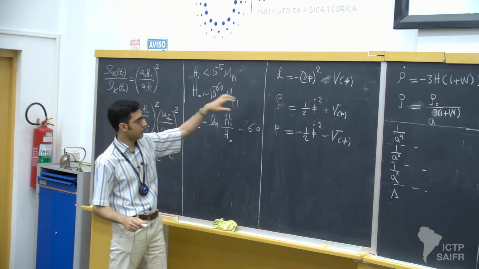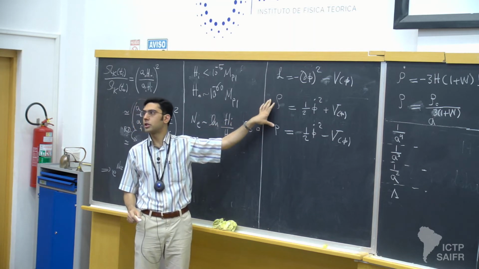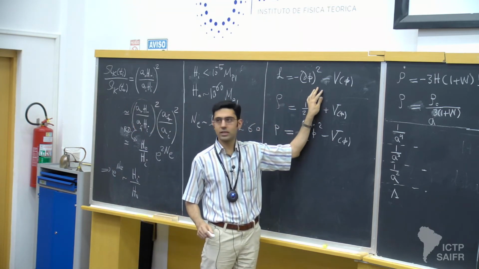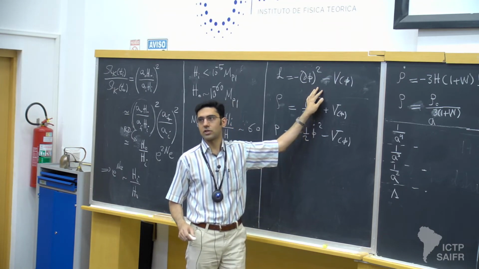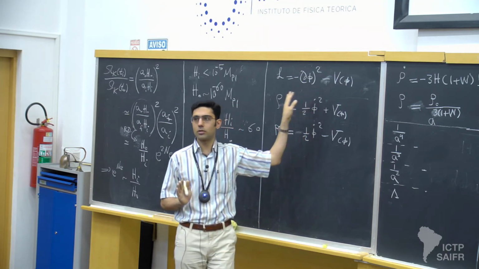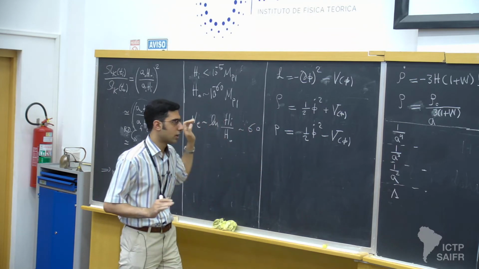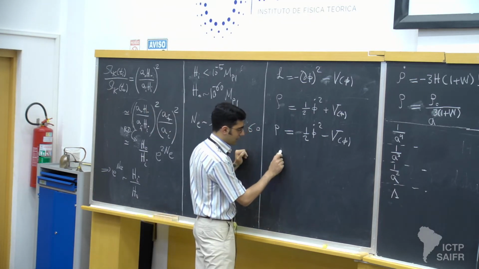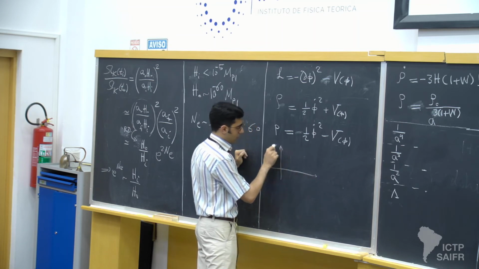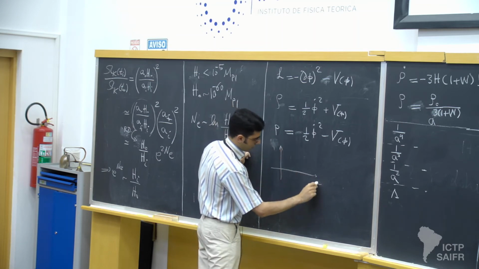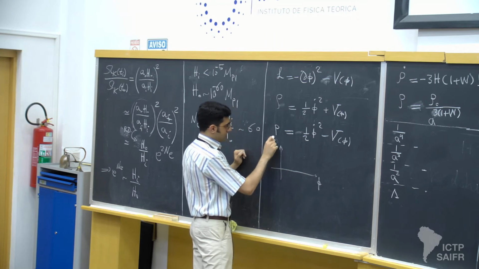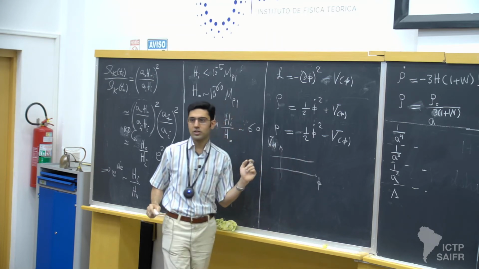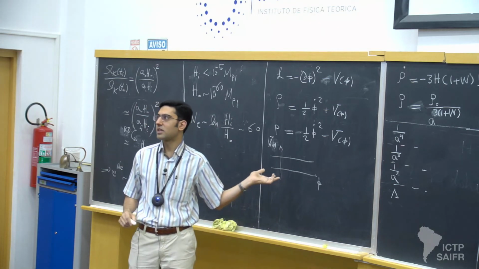Right? So now, if we want W to be close to -1, you see that the potential itself satisfies it. So if we just had the potential, it would be W exactly equal to -1. What does it mean? It means that if you just had a scalar field, phi, with a potential which was just flat, of course that is the same thing as a CC.